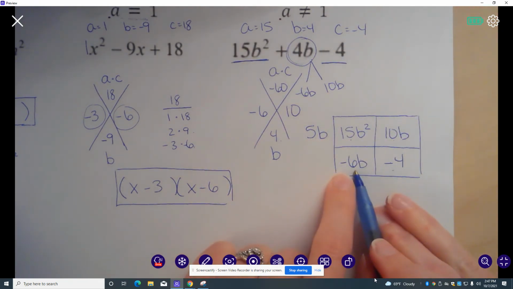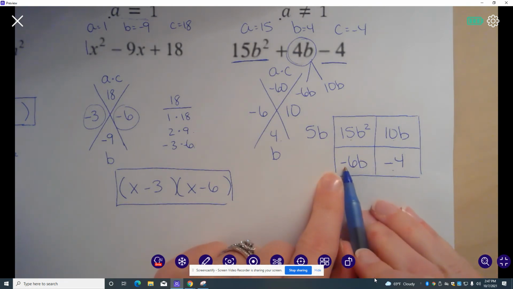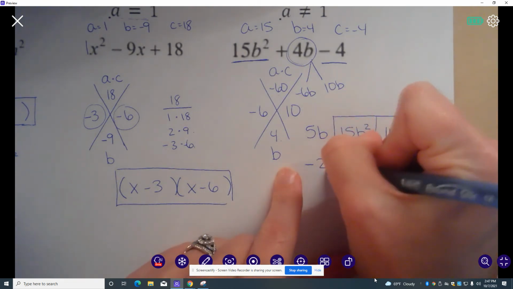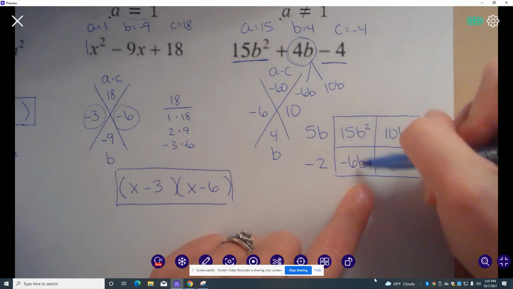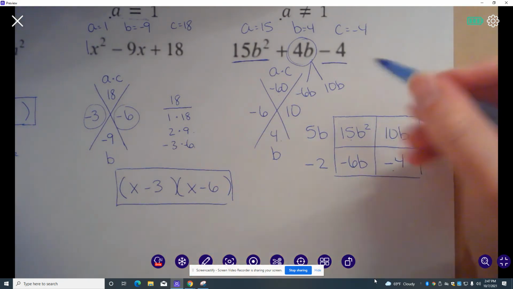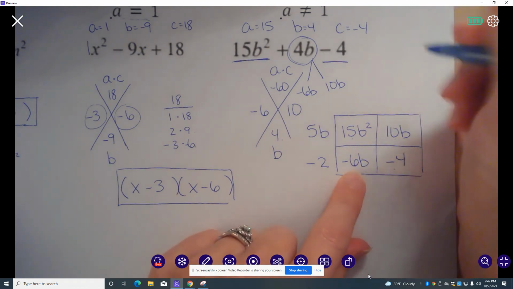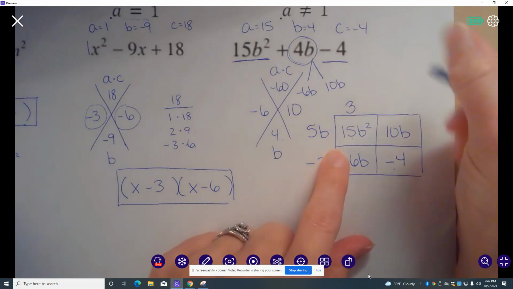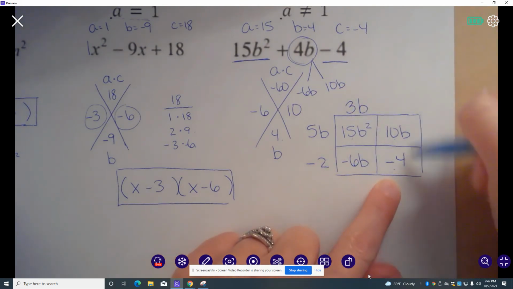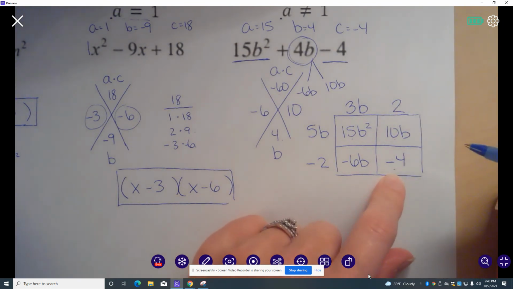From here I have -6b and -4. The largest number they have in common is a negative, see how they're both negative, 2. Right, I'm going to go to this column, 15b squared and -6b. The greatest common factor of 15 and -6 is +3, and they have 1b in common. 10b and -4, the greatest common factor there is 2.